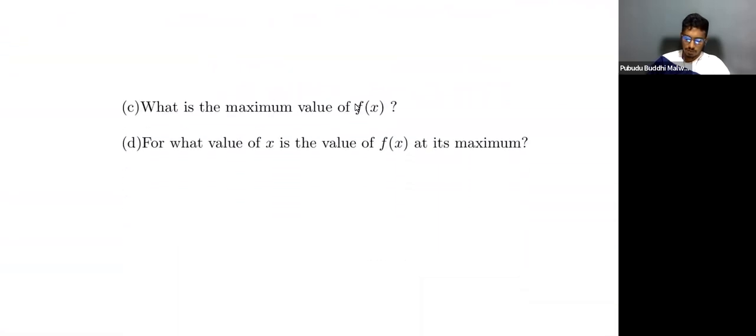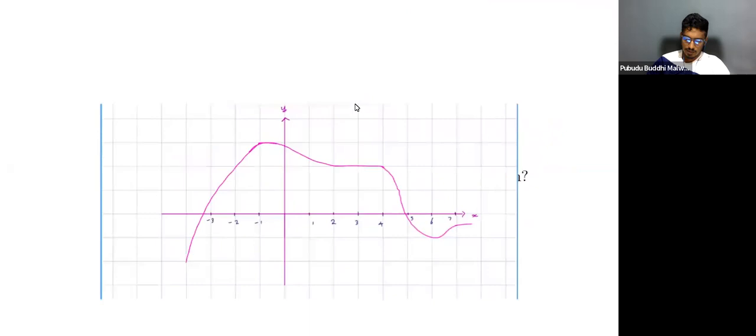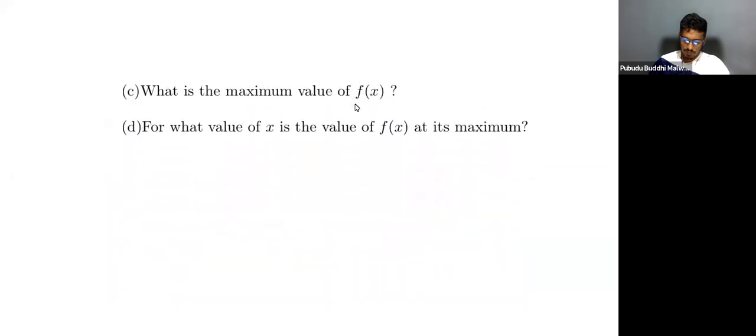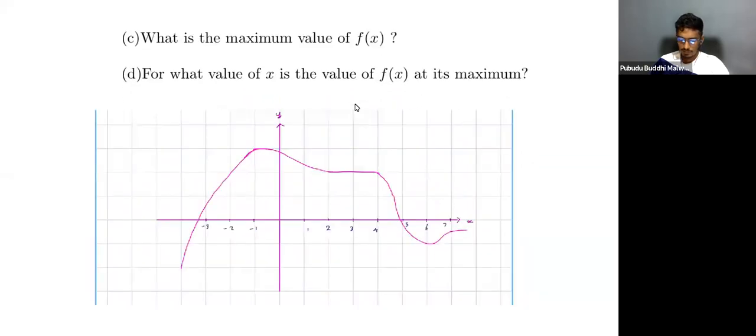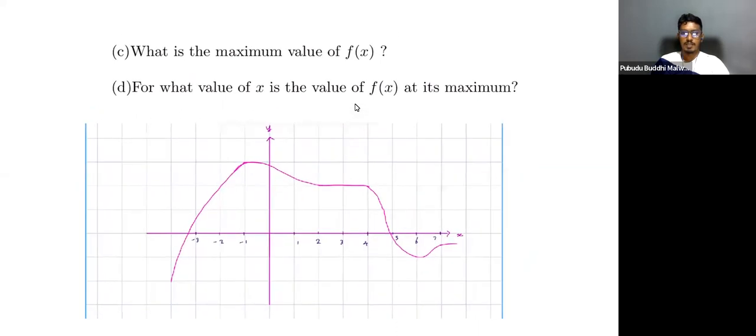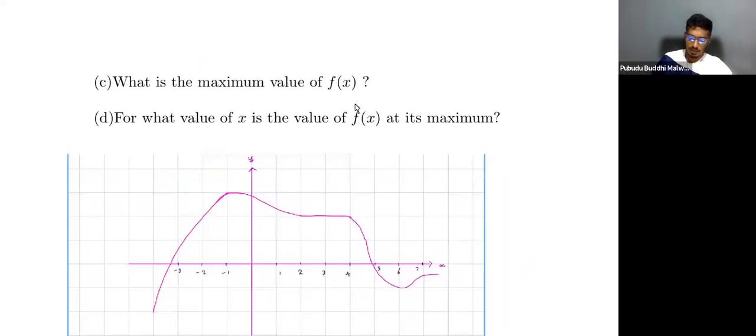Maximum value of f of x. Let's see. What's the maximum value? When we are talking about the maximum value, usually you should mention the interval. Okay, just let's compute the maximum value without focusing on any other thing.